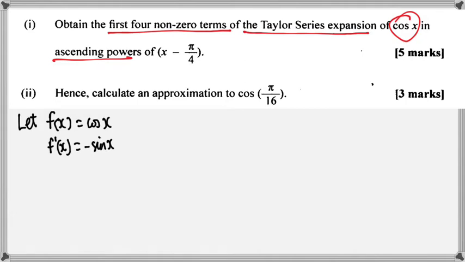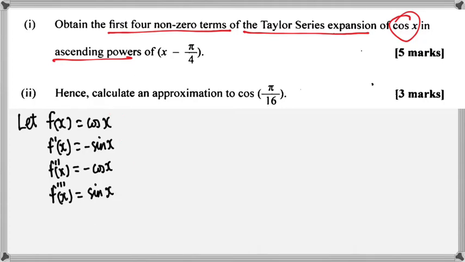The derivative of negative sine of x is negative cos of x. And lastly, the third derivative, the derivative of negative cos of x, would be positive sine of x, because the derivative of cos is negative sine, and the negative signs multiply to give you a positive. And that is basically your derivatives. This should be good enough.